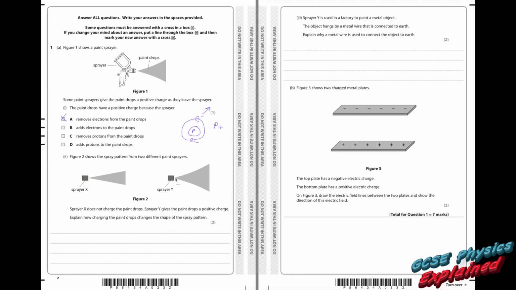2 marks. Well, you can see that this spray pattern is wider. So 1 mark for saying sprayer Y is wider. And 1 mark for saying why. Well, if these droplets are all positive, positive charges do not want to be next to other positive charges.